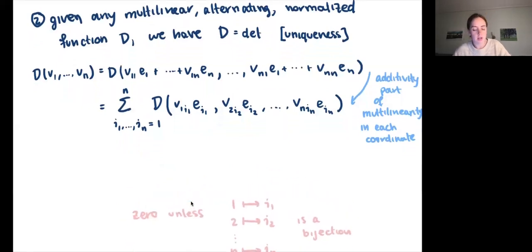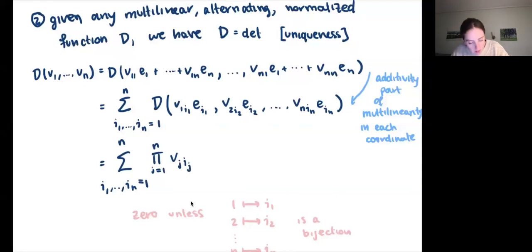I'm going to pull out the coefficients now as well. This is like applying the homogeneity part of multilinearity. So I'm going to just pull out all of the v's. This will be the sum as I1 up to In range from 1 up to n, and I get a product as j goes from 1 up to n of v j I j.